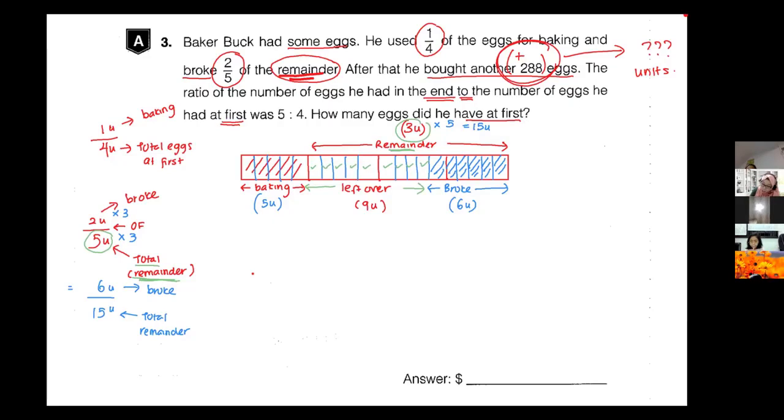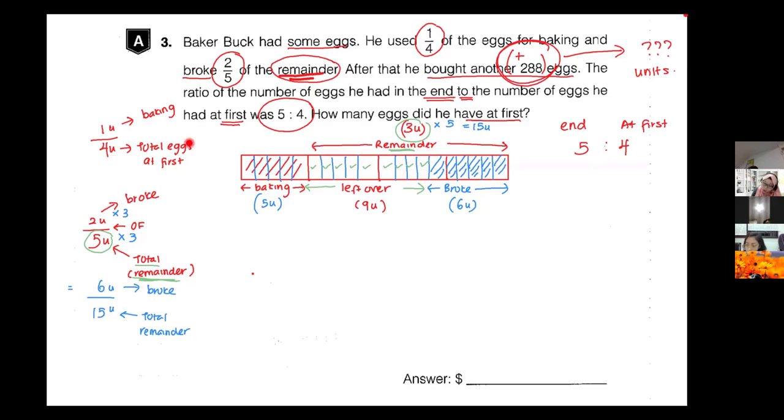Then we have to use my ratio. We're going to pluck out the ratio. 5 is to 4. This 5 is the eggs that he has in the end, and 4 is what he has at first. Now, this whole model that we've been using from just now tells us what he has at first, correct? Remember the fraction 1 unit over 4, the 4 units is the total x at first.